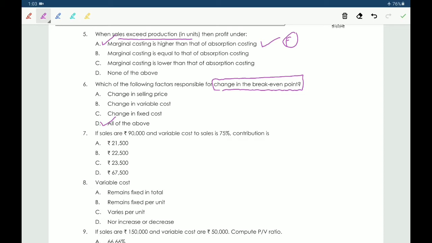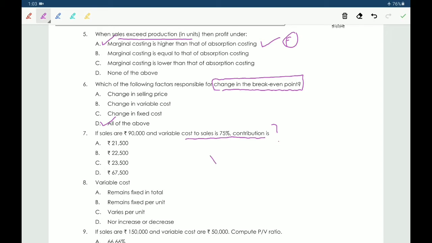So change in selling price also changes the break-even point, change in variable cost also, change in fixed cost also. Next, seventh one, if sales are 90,000 and variable cost to sales is 75%, so contribution is how much?